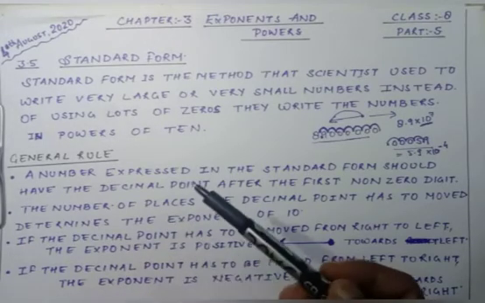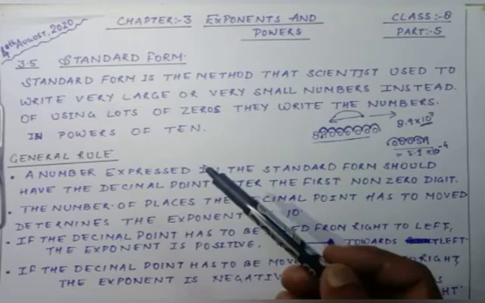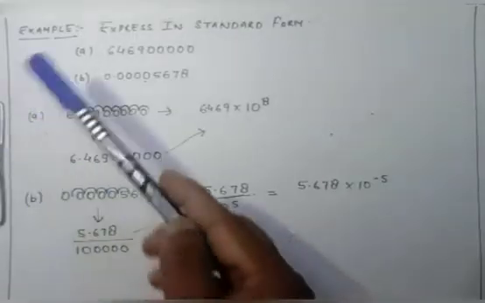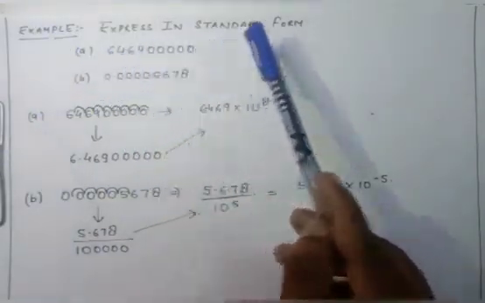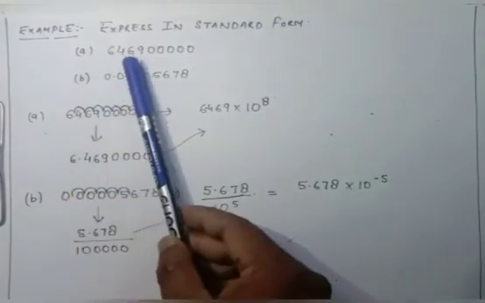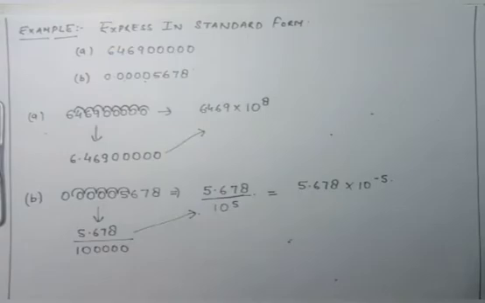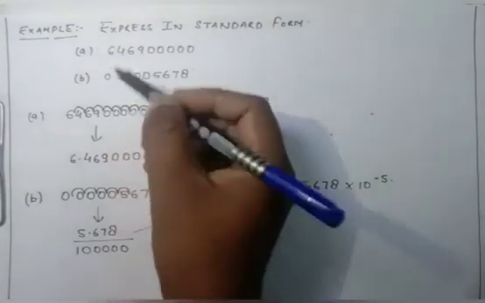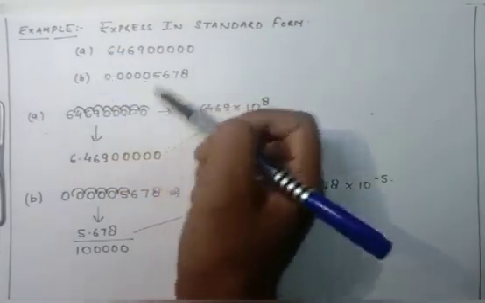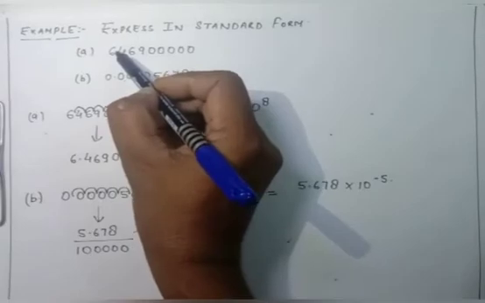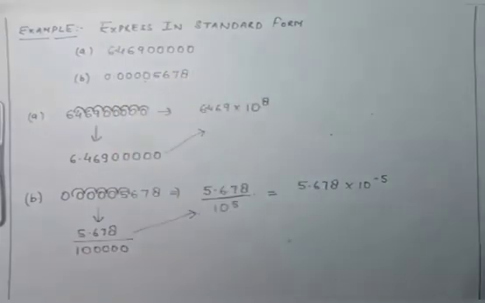Let us see some examples related to this exercise. The first example is: express in standard form 6469000000. I have to convert it into standard form. So first rule, first point is I have to bring the decimal to the place after the first number.